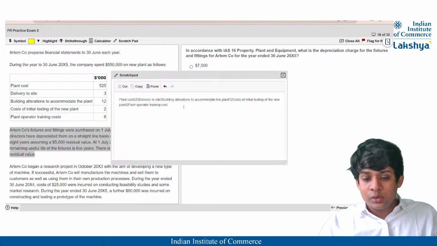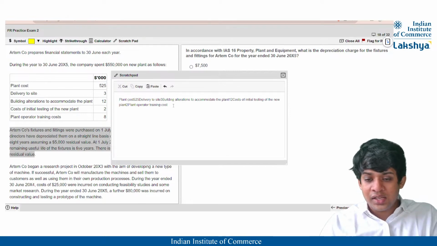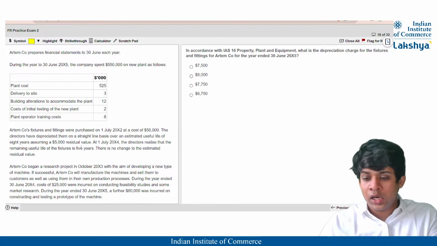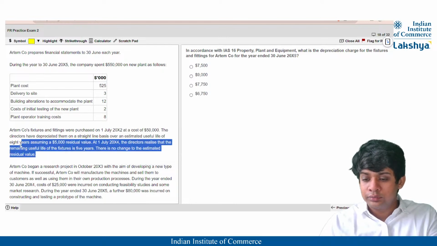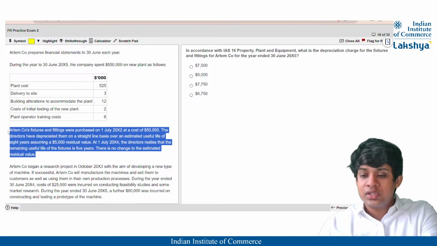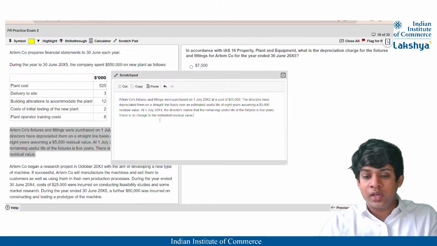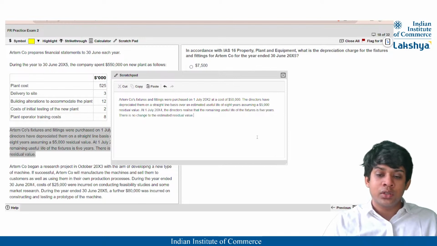Okay, why has it not been pasted correctly? Maybe I put the cut option in between. I'll just Control C this, and in the scratch pad, I will Control V. Okay, so I'll get the whole scenario.